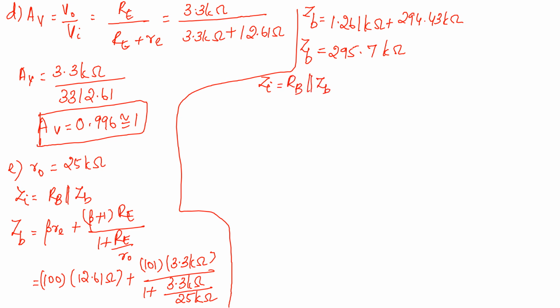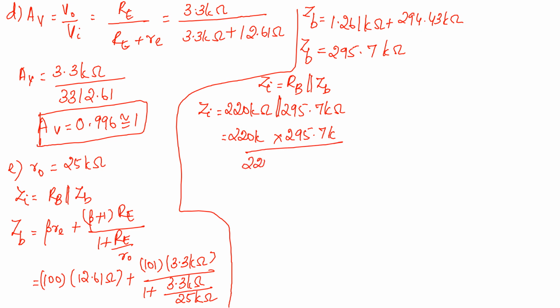So once you know the value for ZB, can you calculate what is your ZI? RB parallel to ZB. So ZI will be equal to RB. What is your value? 220 kilo ohm, right? 220 kilo ohm parallel to ZB is 295.7 kilo ohm. So apply the formula, 220K into 295.7K divided by 220K plus 295.7K.